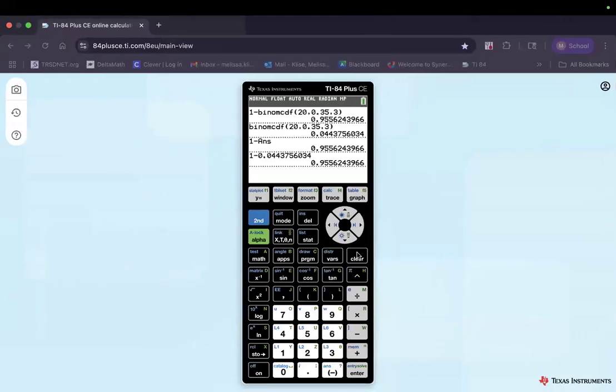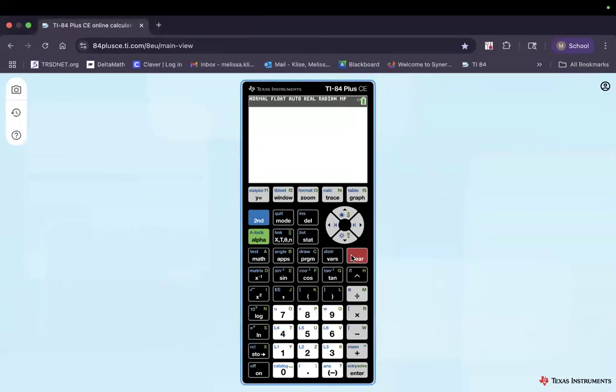Okay, pop over to the calculator. I clear everything out because I don't like a cluttered screen. So do 2nd, VARS, go down to binomCDF. We have 20 trials. My probability that they are a wireless-only household is 0.41, which I think is probably a lot higher than that these days. And then 7, because we want 7 or less.